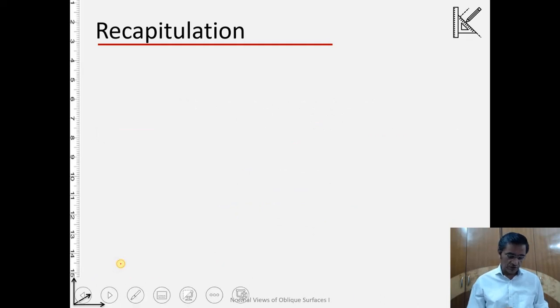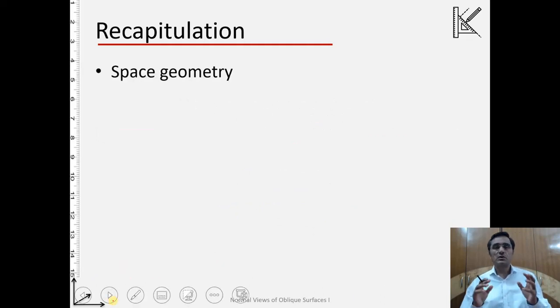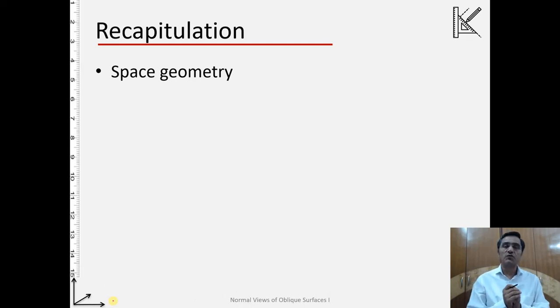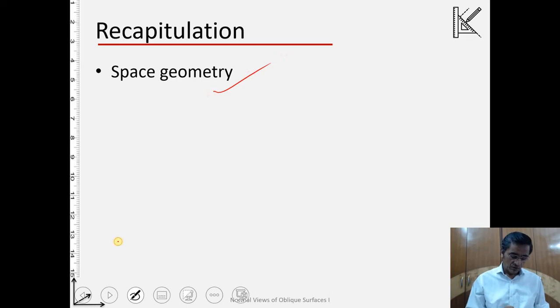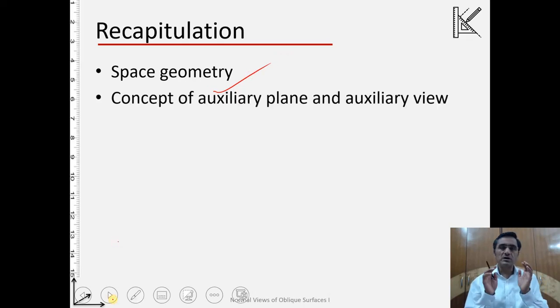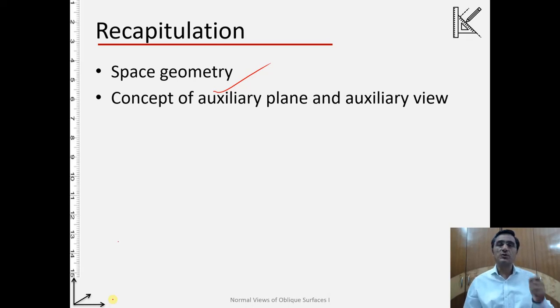So what all is there we'll see. Before that, very quickly, let's do a recapitulation of what we have done so far in space geometry. Of course, in this we understood the need of auxiliary plane and auxiliary view.